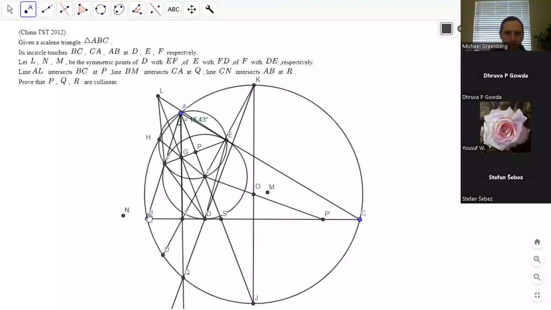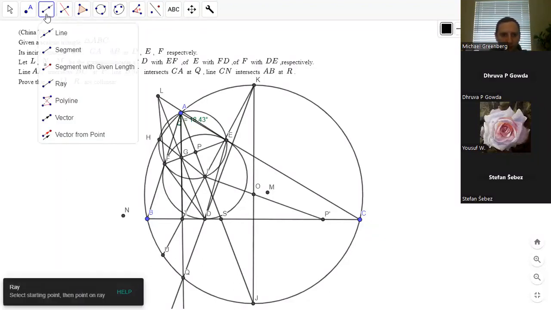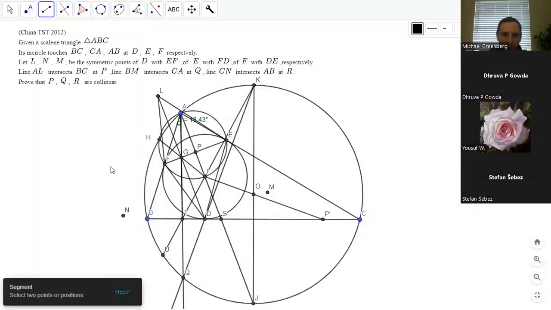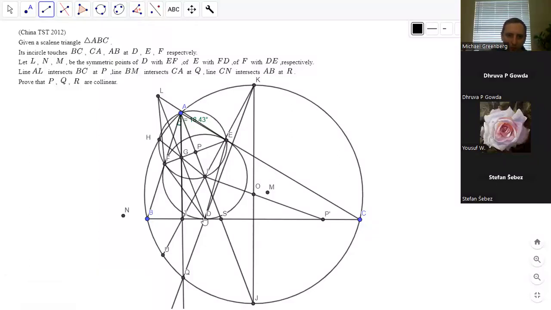So let's think about this. I guess what we could do is, if we define T this way, we could try to find the cross ratio B, T, B, C, and then we could define T prime this way and try to find the cross ratio B, T prime, D, C. If they're the same, then they have to be the same point, right?